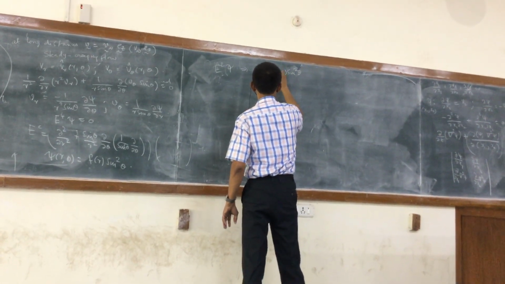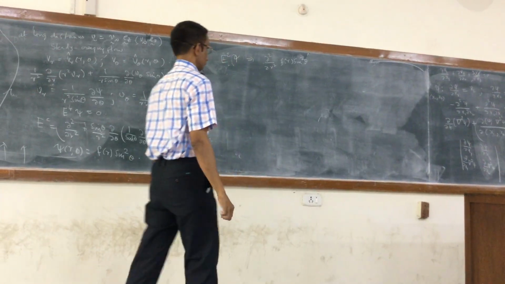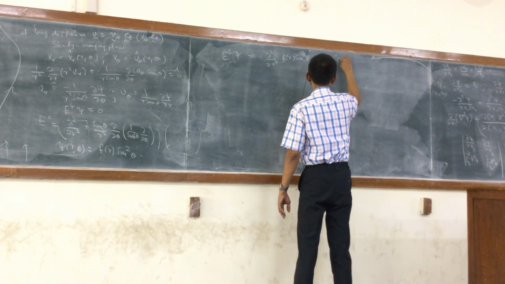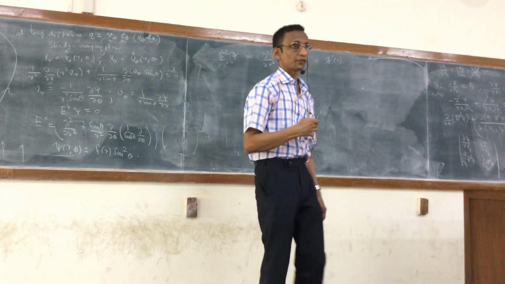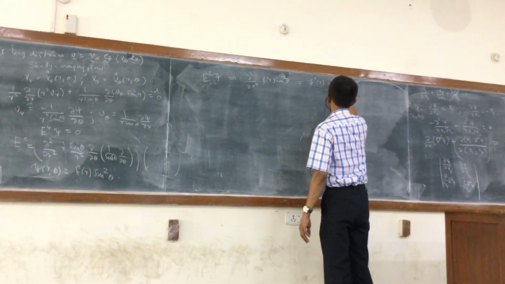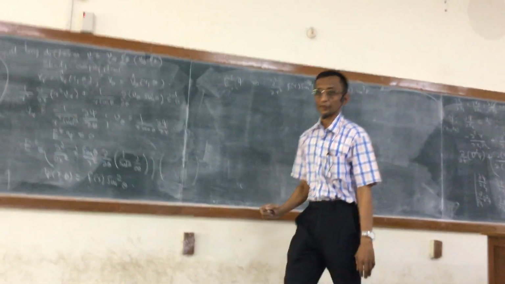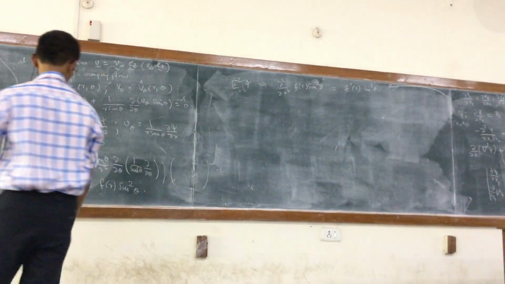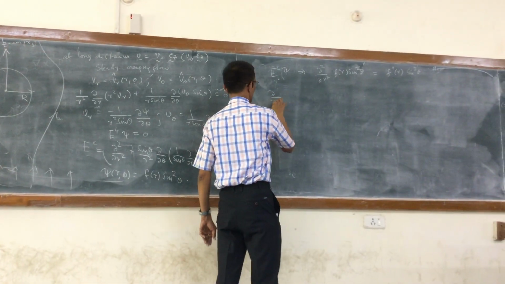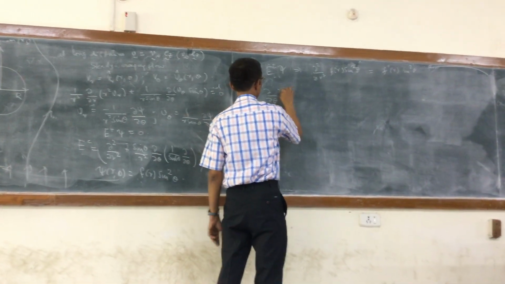F of r is simply f double prime, where the double prime denotes twice differentiation with respect to r, multiplied by sine squared theta. That's very easy to do. Derivative with respect to theta: first I have d by d theta acting on sine squared theta.